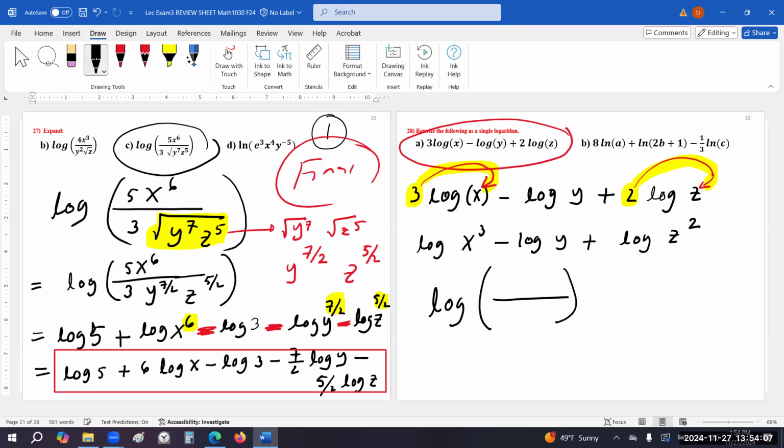Since we have a plus and minus combination, we are going to have a fraction. x cubed on the top, y on the bottom, z squared on the top. I'm going to try to confuse you by putting the signs in a mixed order: 1 plus, 1 minus, 1 plus, 1 minus. Why? It's fun.